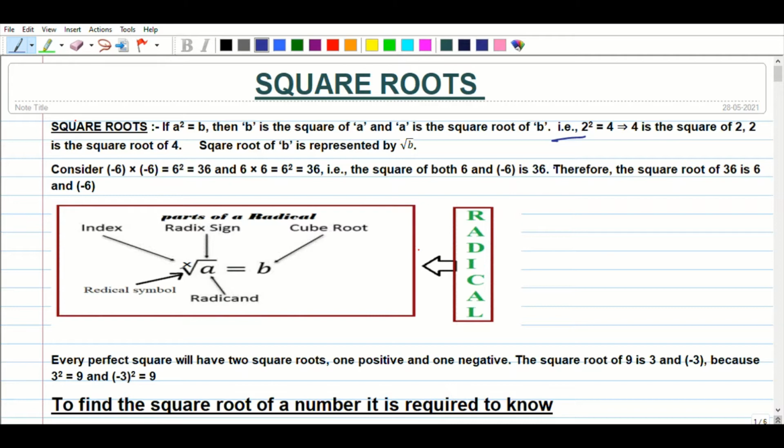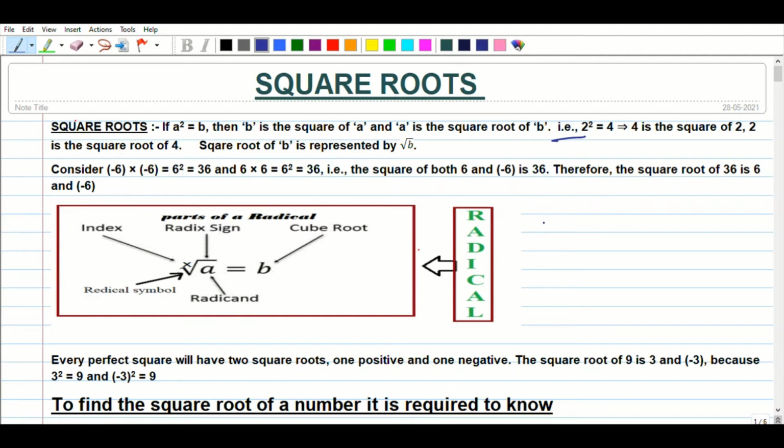Therefore, the square root of 36 is 6 and minus 6. Every perfect square will have two square roots, one positive and one negative. The square root of 9 is 3 and minus 3, because 3 square equals 9 and minus 3 square equals 9. Clear? Right?